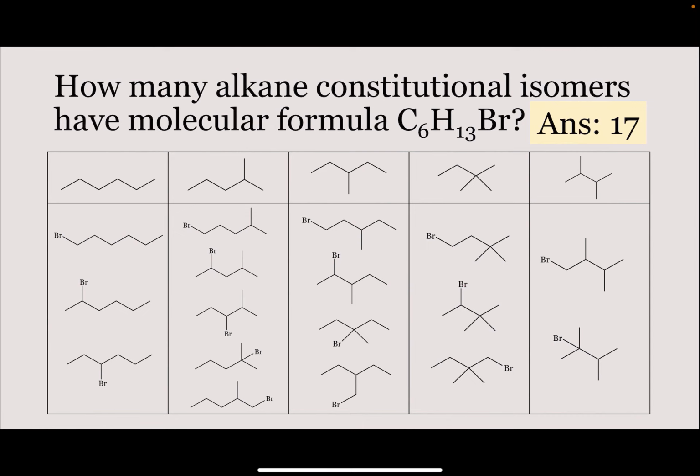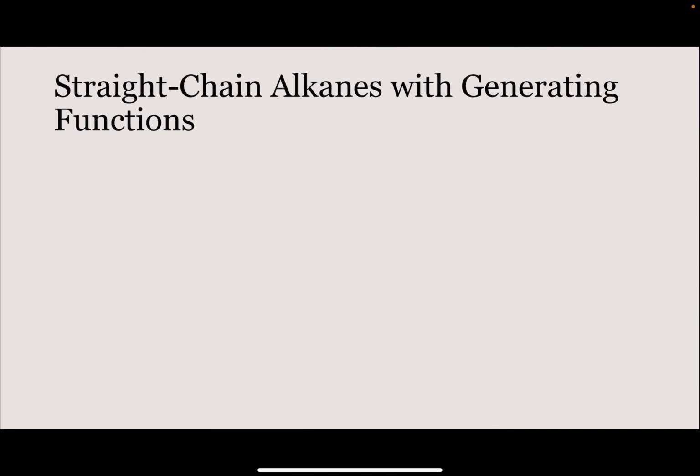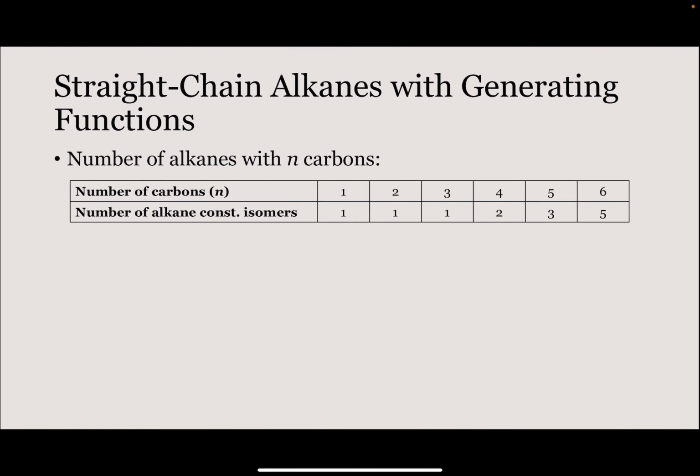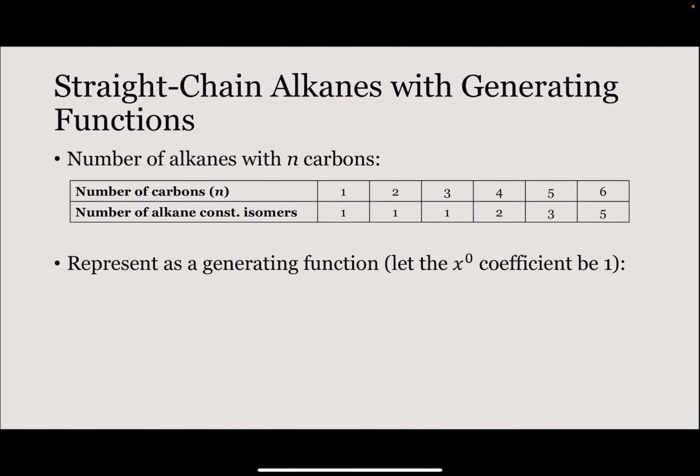Okay, now that we've talked about exhaustive enumeration, we are going to move on and talk a little bit about how we can derive a generating function for the number of possible alkanes, as well as a bunch of different organic structures like alkyl halides. So here is the chart that we just found using our exhaustive enumeration. We can represent this as a generating function.